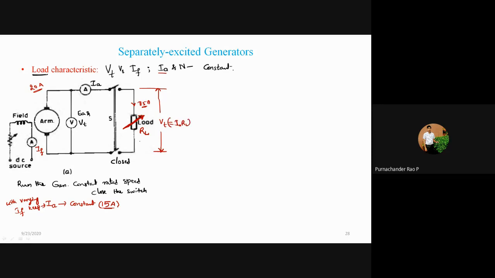This is your terminal voltage, and it can be obtained directly from this voltmeter. Once this is fixed, next we have to vary the load. Now, after fixing this, what happens when you vary the load?